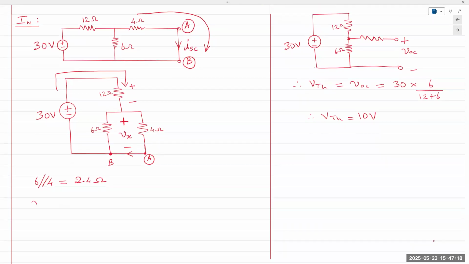Vx is a fraction of 30 volts. A fraction is given by 2.4. Somebody perform this calculation, please.